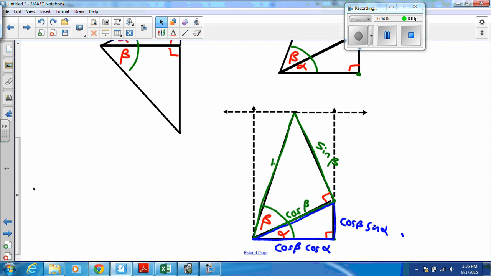Now what we'd like to do is to extend. First of all, we're going to extend the leg of this right triangle straight up so that we have a right angle here. And we're going to make a perpendicular to the bottom leg here from the vertex of the triangle.